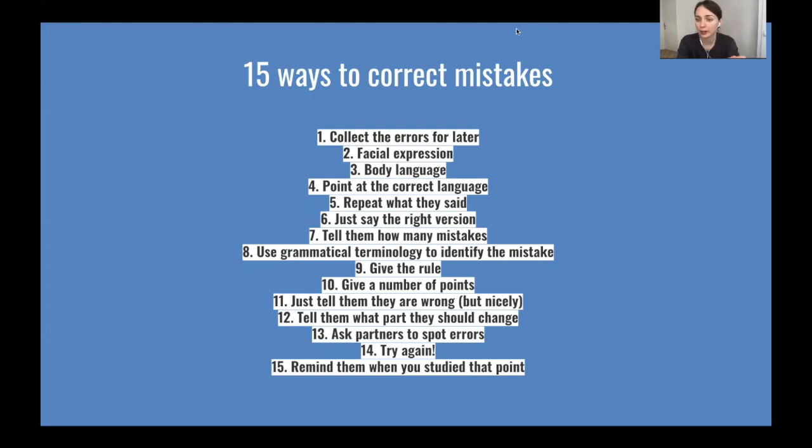Here we're collecting errors for later, and we can remind your student of the point and grammatical structure that we studied. We can use grammatical terminology to identify the mistakes. So in these cases, we're using delayed correction. We are writing it in the notes, and we are correcting the mistakes after our student finished speaking.